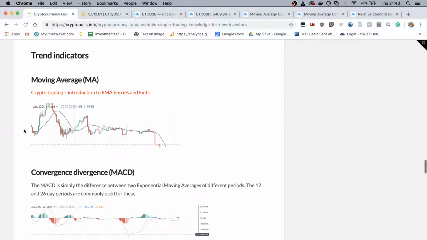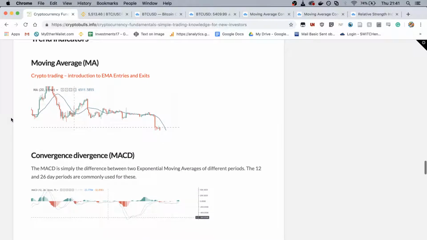Some trend indicators. Now, trend indicators are an important part of trading cryptocurrency in general. You will have this also in other trading forms, for example stocks and ETFs. You can use similar indicators.